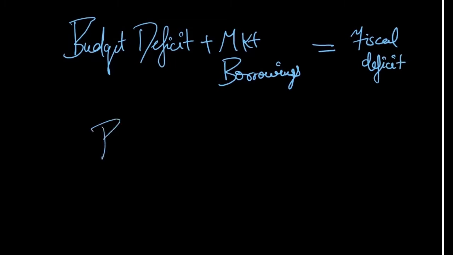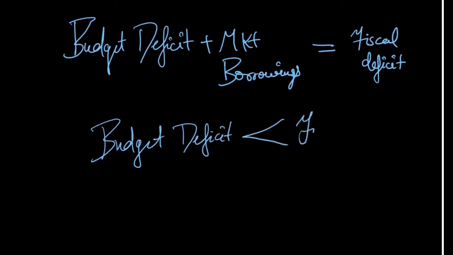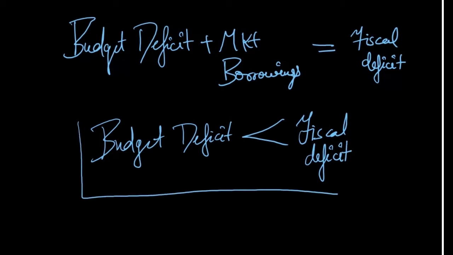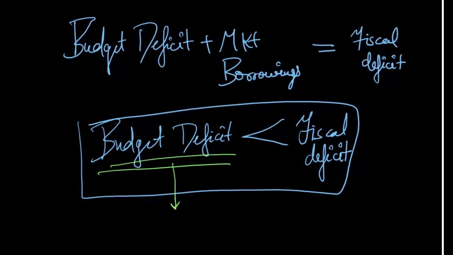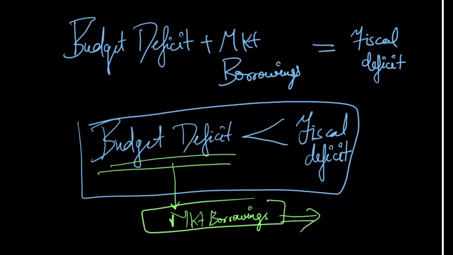Hence, budget deficit is less than fiscal deficit, as we are reducing a certain amount from the budget deficit, that is market borrowings. This is not actually an asset. Rather, it is a liability created by the government through capital receipts.